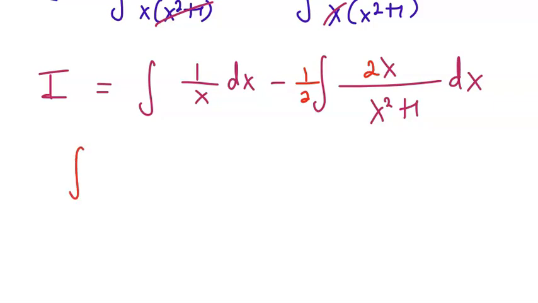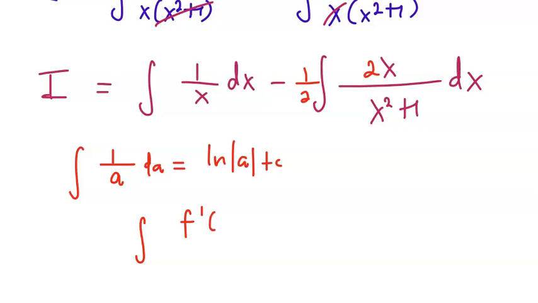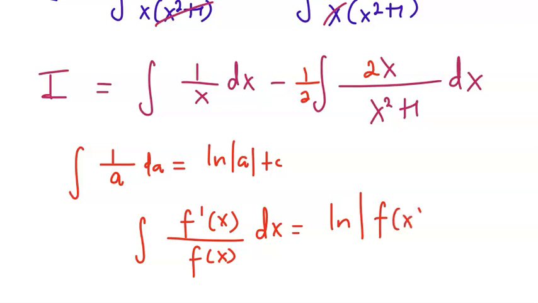Okay, so from here now let us recall the following standard properties of indefinite integral. We have that the integral of 1 over a da is equal to the natural log of a plus c. I hope you know this, right? And again, the integral of f prime of x divided by the function of x itself dx is just the natural log of the function itself.